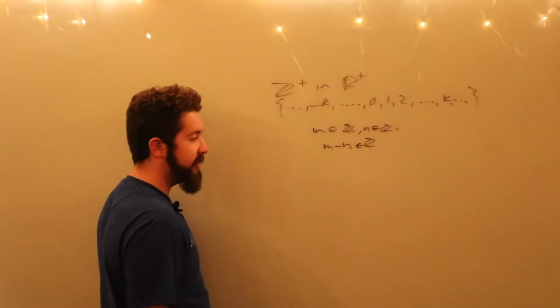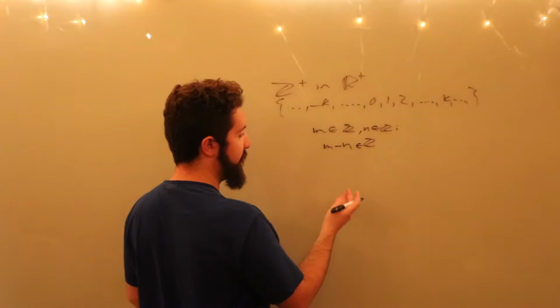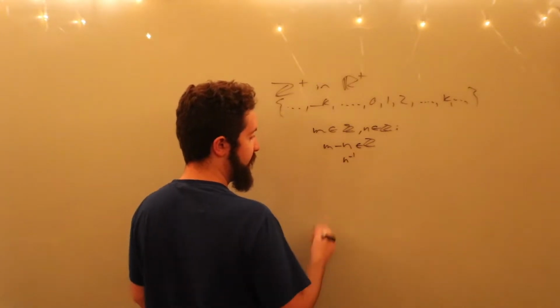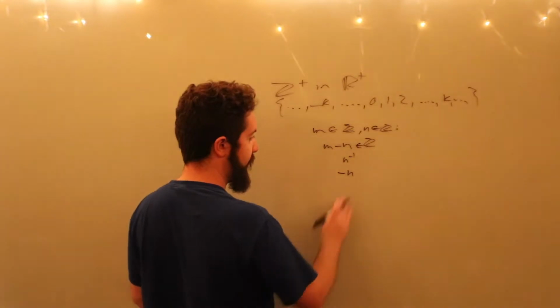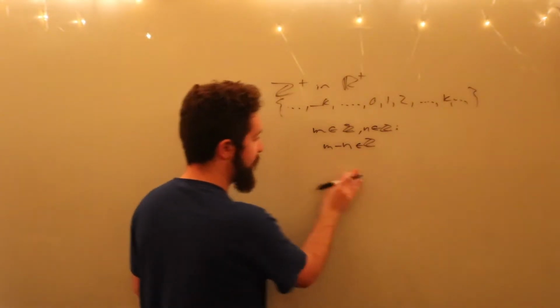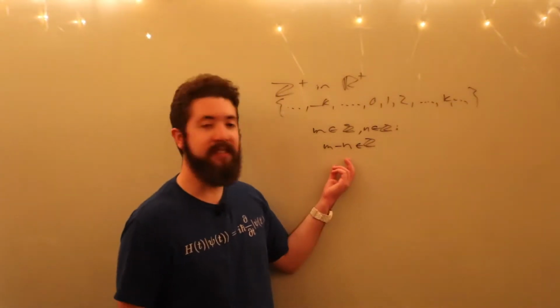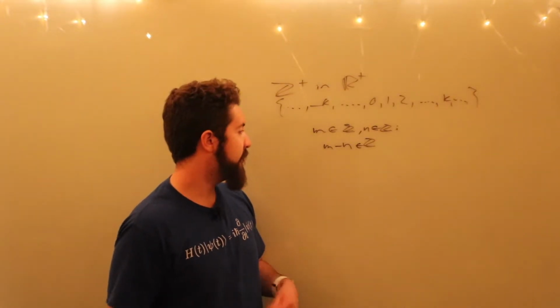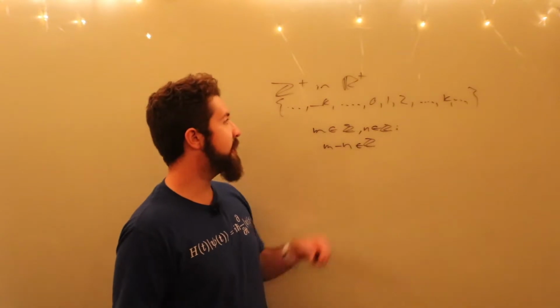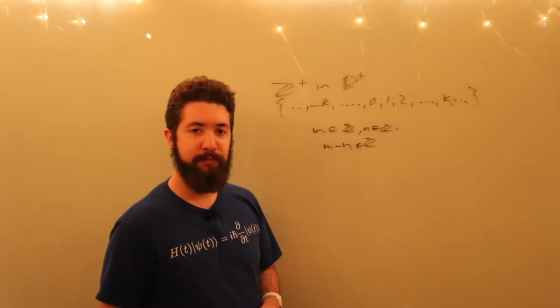And I say m minus n because in additive notation, recall, n inverse, if we have an additive group, is just written negative n. And the answer is going to be yes. Any integer minus another integer is still an integer. That should be fairly self-evident. So this is indeed a subgroup of the additive real numbers.